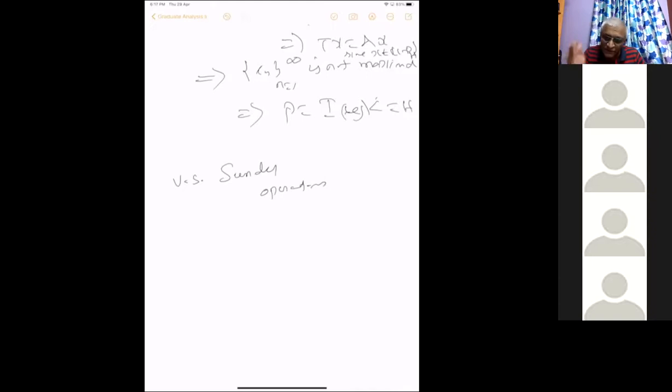You need to sit for several sessions to prove that one theorem. It's not measure theory, it's the representation theory of the algebra C of X. So we can avoid that.